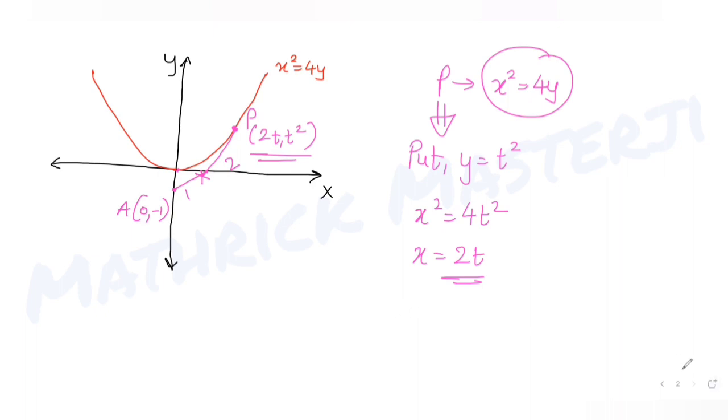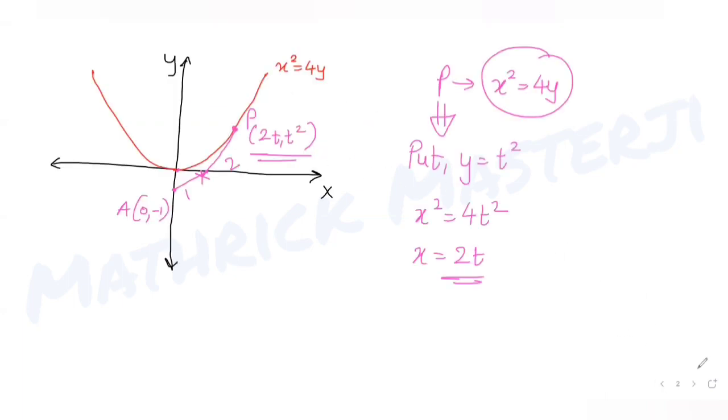Now let's use the section formula for internal division. There's a point A, (0, -1), and a point P, (2t, t squared). I have to find a new point Q with coordinates (h, k) which divides the segment in the ratio 1 is to 2.